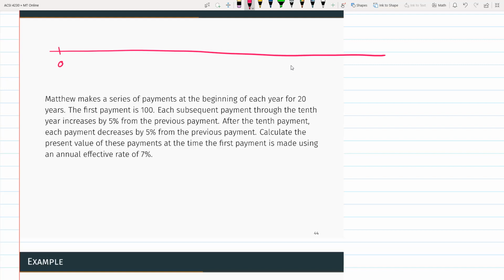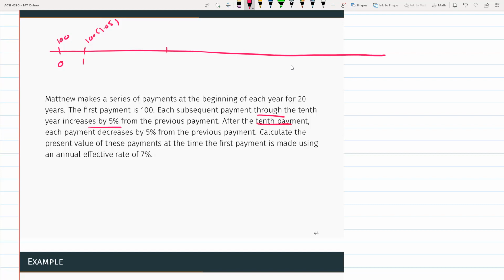So here is 0, the beginning of each year for 20 years. The first payment is 100, then increasing 5% through the 10th year.